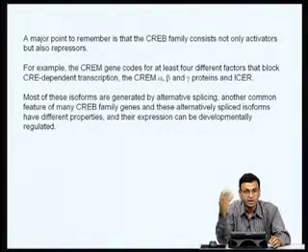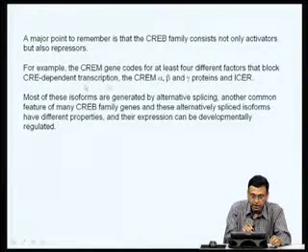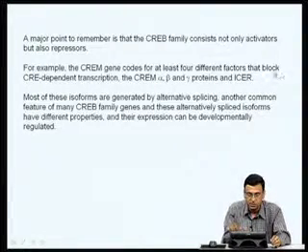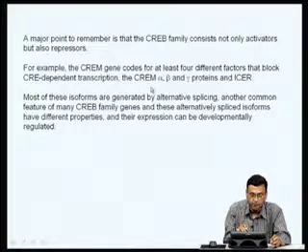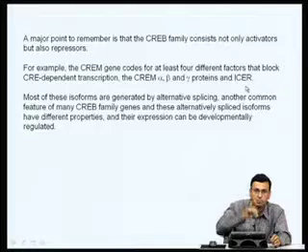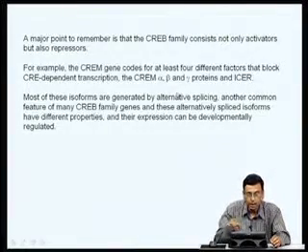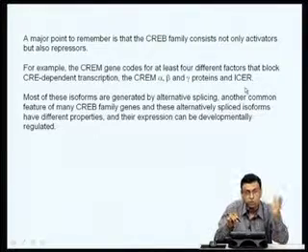It can actually result in negative regulation of cyclic AMP response element genes. As I mentioned earlier, the CREM gene codes for at least 4 different factors that block CRE dependent transcription, namely the CREM alpha, beta and gamma proteins as well as ICER. Among the various members of the ATF CREB family of transcription factors, CREM alpha, beta, gamma and ICER act as negative regulators of transcription.